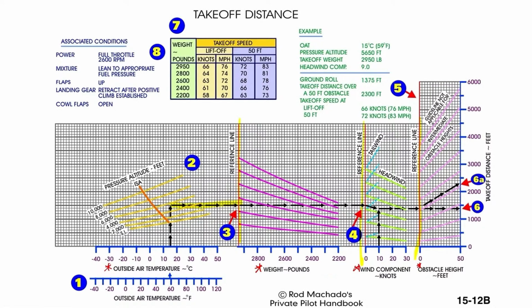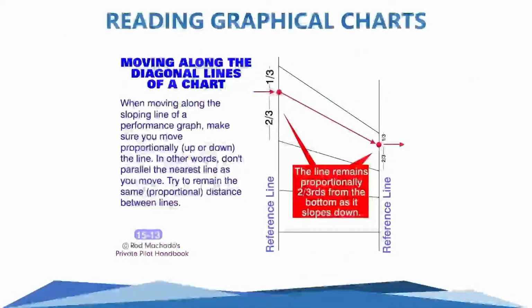I'll show you how to do these in a second. The guideline is this: if you make it to a reference line right here, you do not follow the next line down. I don't go down here and follow that line down. I'm paralleling these lines right here, and then I go down to the next guidance line.